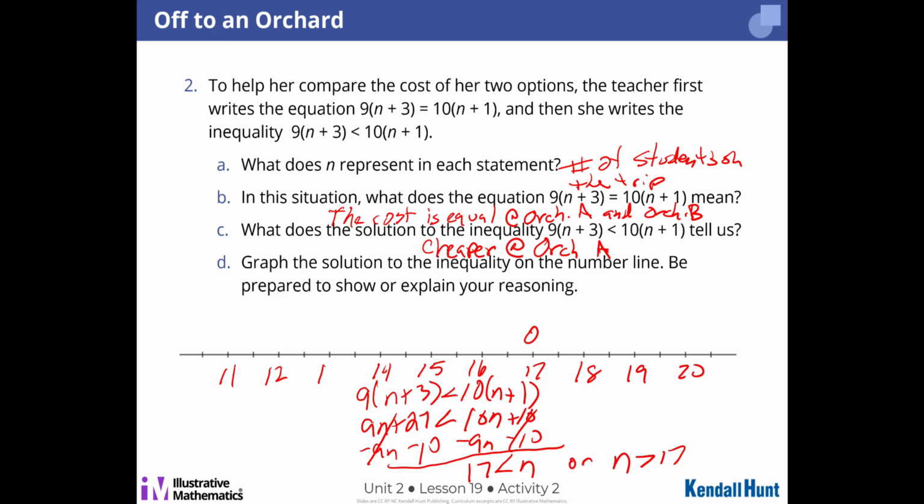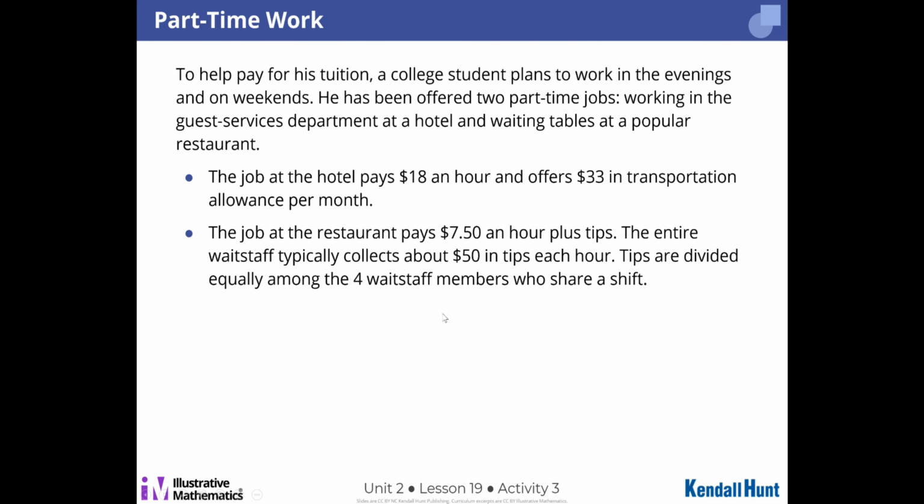And we want to know when n is greater than 17, so we're going to draw the arrow to the right. If we put the n on the right side, the arrows face the same direction. One thing I do want to point out: when we use greater than or less than, we're going to use an open circle. And that's what we put above the 17.